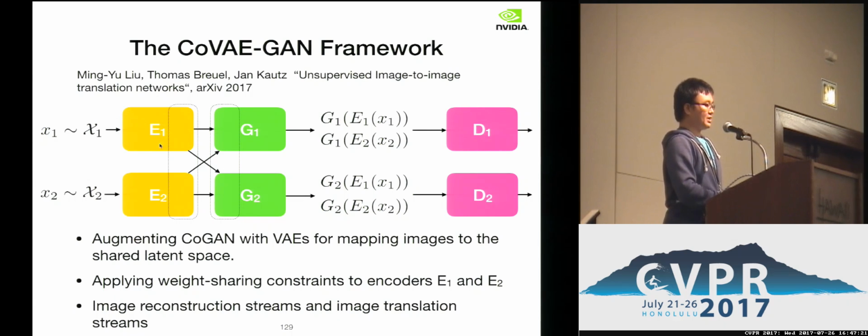But for the cross domain, you want to generate a translated image. So here you can see that we have G1(E1(S1)), which is the reconstructed image. We measure whether it's like a real image through this discriminator. But for the cross-domain path, the input S1 from the first domain gives a latent code that goes to the generator in the second domain, and you have G2(E1(S1)), the translated image. You want to make sure it's like a nighttime image. And you can apply the same thing for the bottom one. So this way, you can learn image translation unsupervisedly.